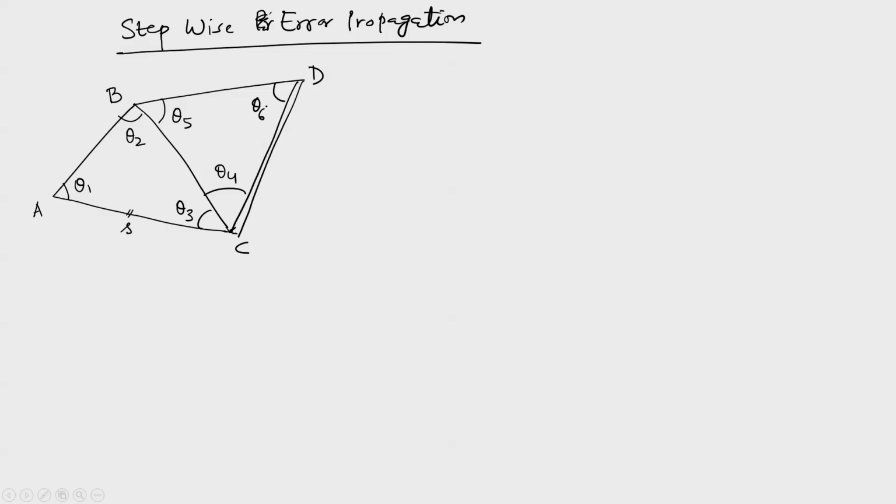Okay. So, I have measured this distance S and I want to find out the distance between C and D. So, I can use the sine rule. The sine rule will give me S upon sine theta 2 equals, let us say this distance is SAB and this is SBC, fine.